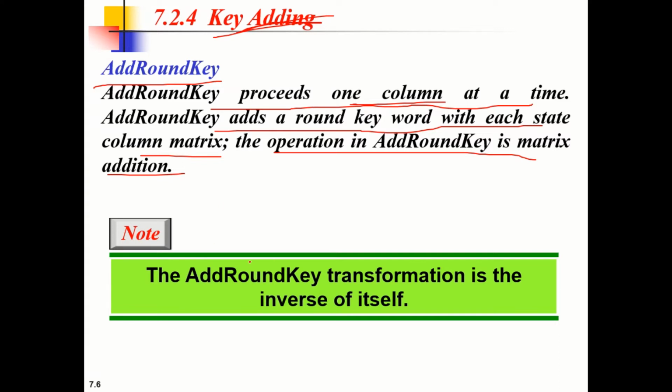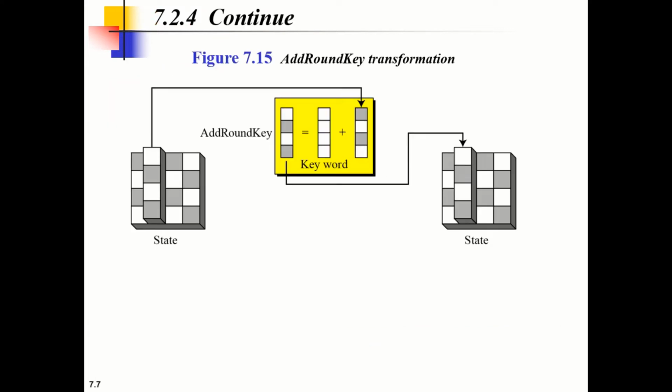The add round key transformation is the inverse of itself, of course, because we are performing this matrix addition operation. So this is the representation of add round key transformation.